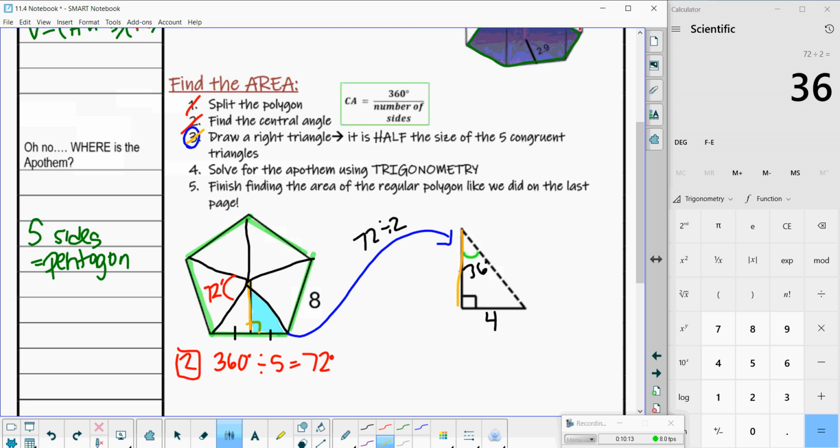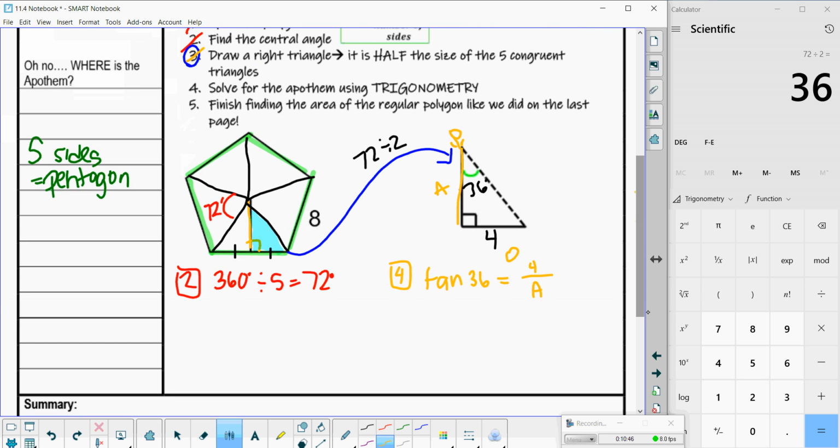Now we're on step 4 using trig. And so this is our reference angle where we're looking from. That's my opposite. And this is my adjacent. So I'm going to write step 4 down here. Since it's opposite and adjacent, that's going to be tangent of our angle measure, 36, equals opposite, which is 4, and then our adjacent is unknown.